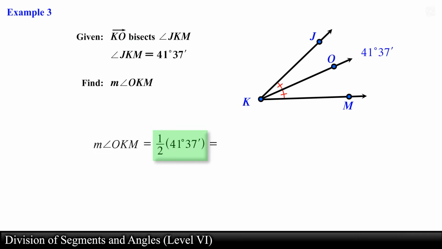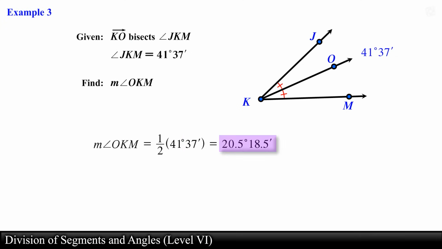So we go ahead and divide the measurement of angle JKM by 2. We can divide this angle by 2 in a couple of ways. We can rewrite this angle in decimal form, and then divide it by 2, or we can divide the degrees and minutes by 2, as follows.